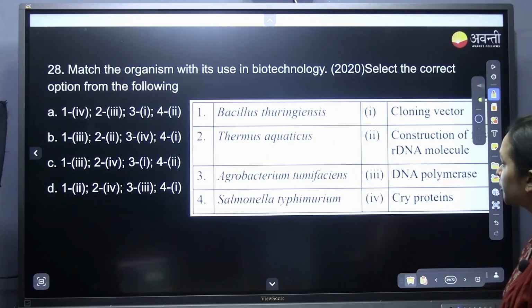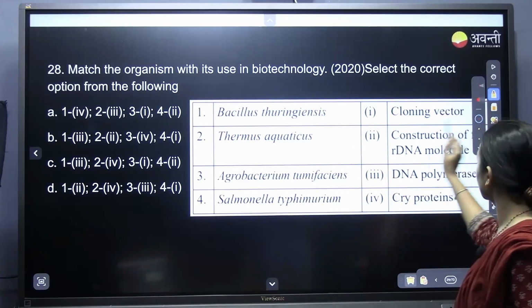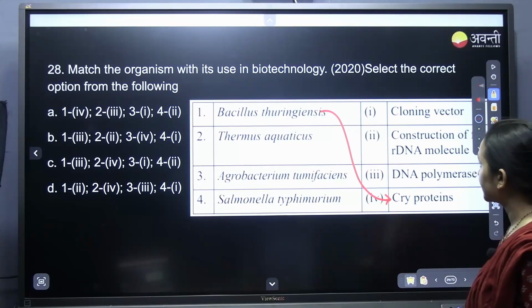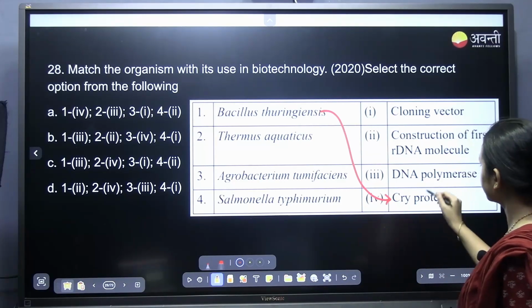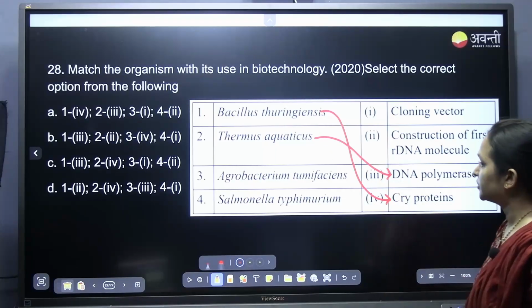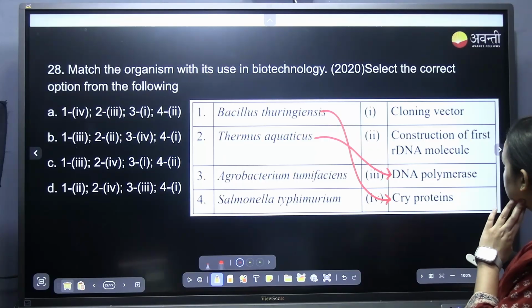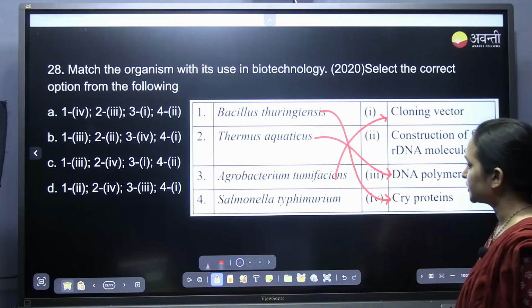Match 1 and 2. Bacillus thuringiensis: yes, cry genes or cry proteins. Thermus aquaticus: DNA polymerase, Taq polymerase, we got it from that. Agrobacterium tumefaciens: cloning vector.